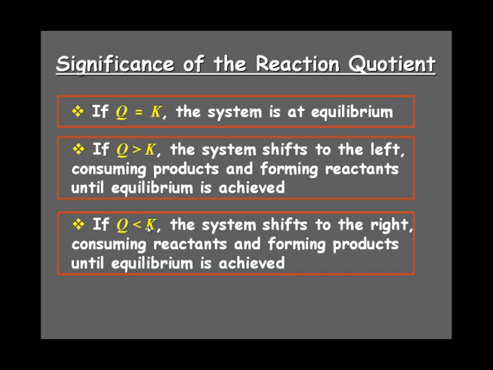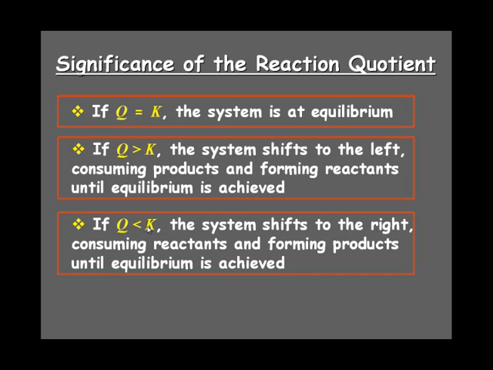So the first situation, if the Q, the products over reactants not necessarily at equilibrium, does equal the K for that particular reaction, then you know the system is at equilibrium. If the Q is greater than the K, then the system will actually shift to the left to achieve equilibrium. So it's going to go back towards the reactants to achieve equilibrium.